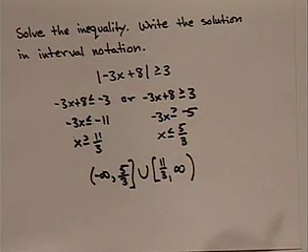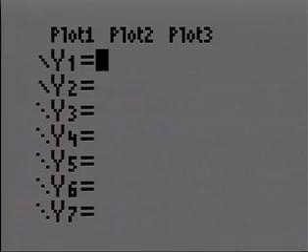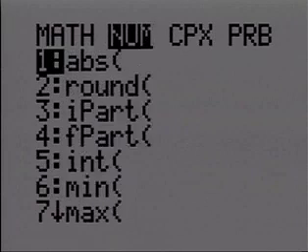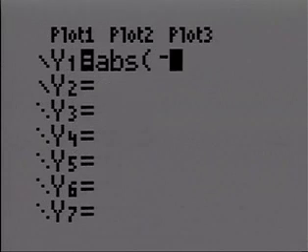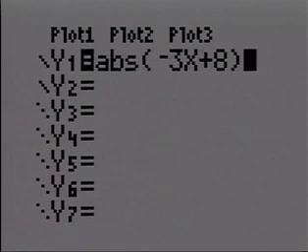Now, we can also check this solution graphically using our graphing calculator. So I'm going to enter the two sides of the inequality on my calculator. So first I'll put in the absolute value of negative 3x plus 8, and the other part of the inequality is 3.